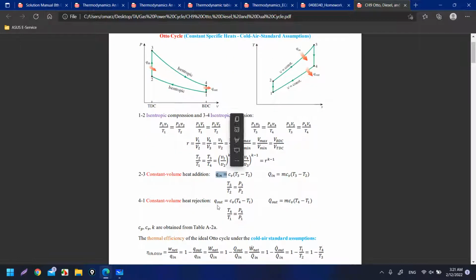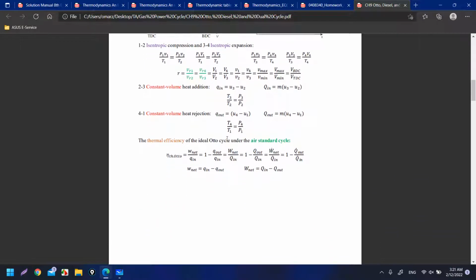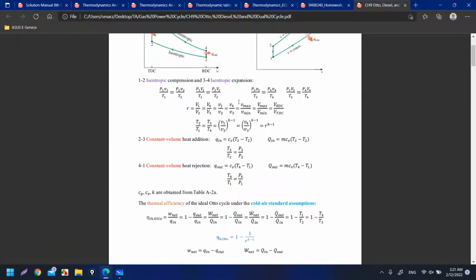Okay, Qin and Qout: we found them using variable specific heat with u4, u1, u3, u2, so only internal specific energy. Here you will not use this internal specific energy, but rather you will always use Cv delta T.